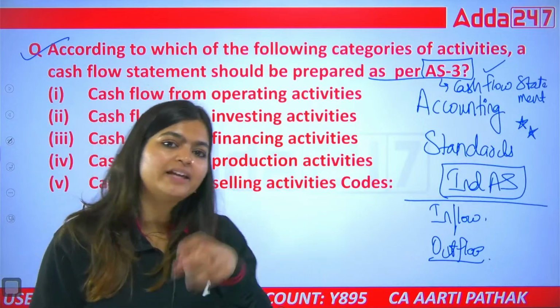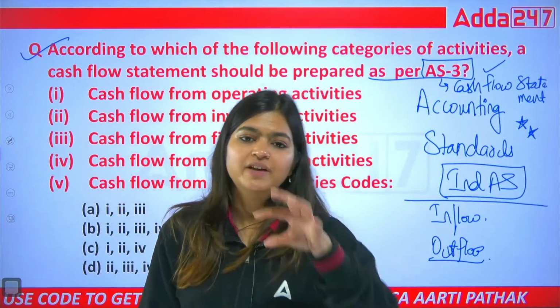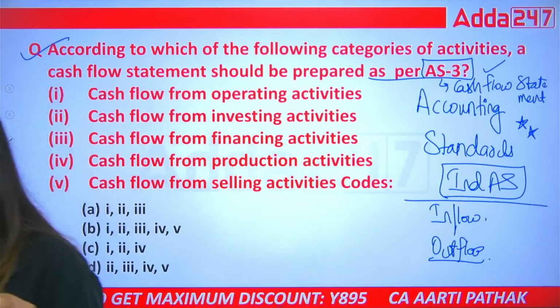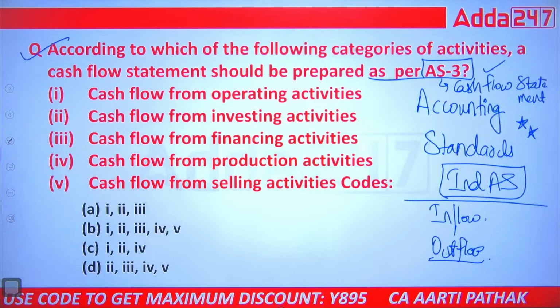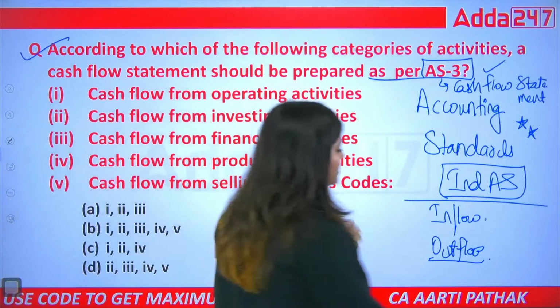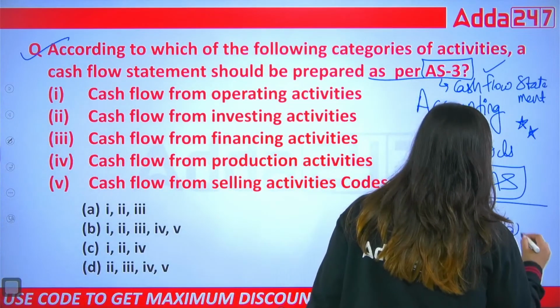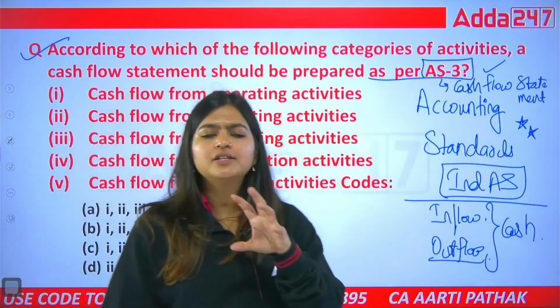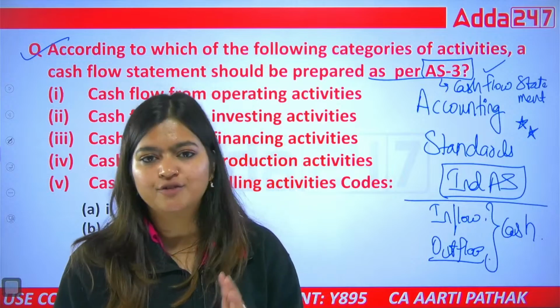In this, we are tracking the cash transactions, whether it is coming into your business or whether we are paying it out. Whenever we are tracking the transactions of your cash, whether it is inflow or outflow, that is your cash flow statement. But this is not the only thing we cover in this cash flow statement.